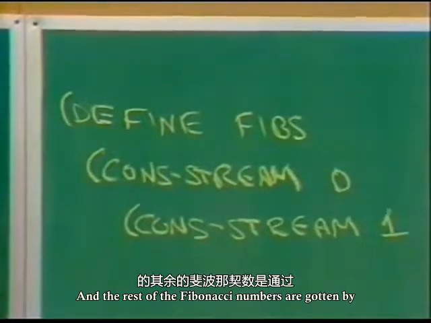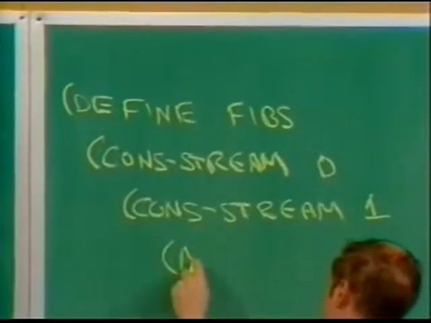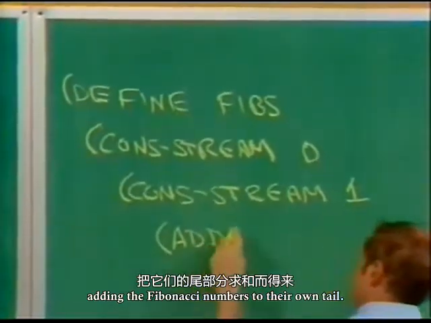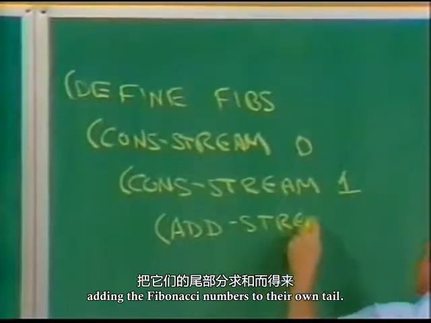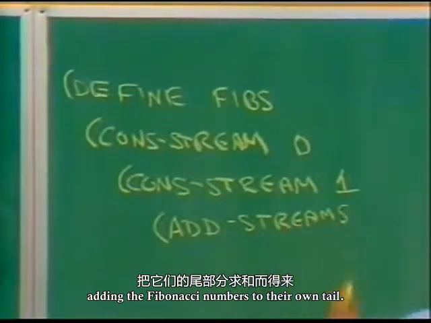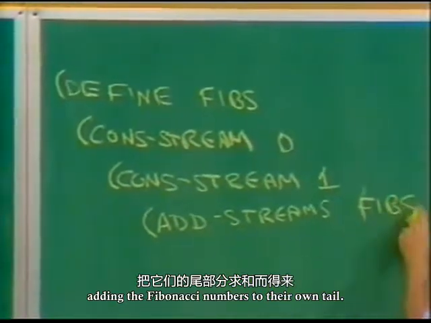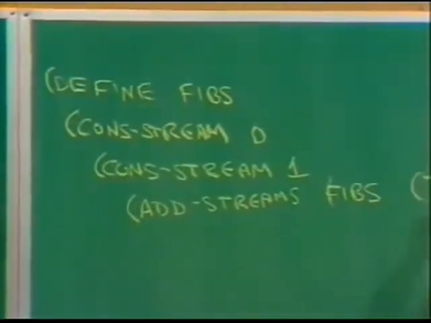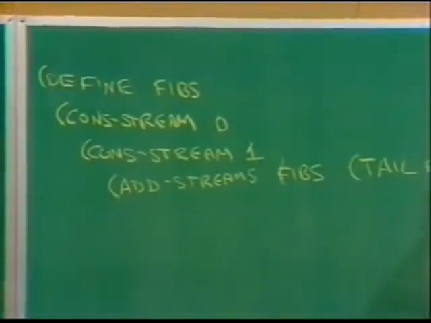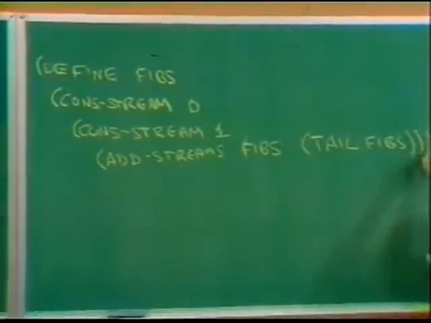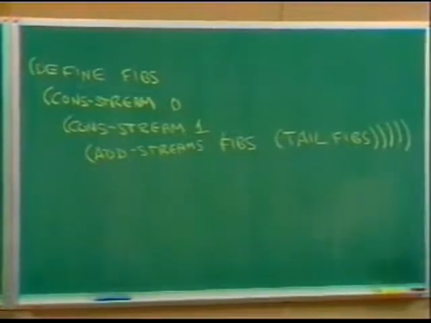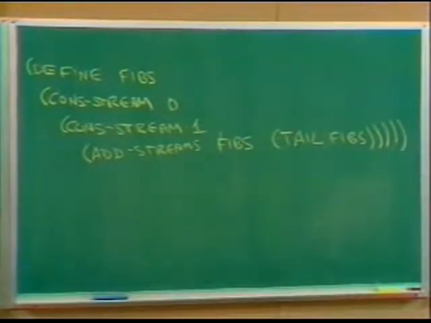And the rest of the Fibonacci numbers are gotten by adding the Fibonacci numbers to their own tail. So there's a definition of the Fibonacci numbers.